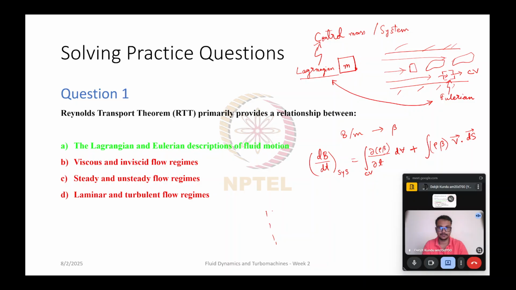Let's say I have a control volume CV like this, my control surface is this, the CS, and one elemental volume within this control volume is this dV. Here V with a strike through represents volume, and V vector is the velocity.